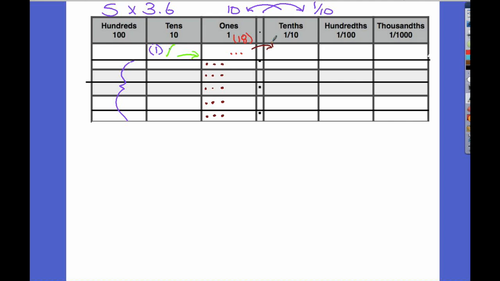If I move over 3 ones to the tenths place, how many tenths am I moving over? 3? 10? 30. Remember, for every single one, I could just do it one at a time if you're having a hard time figuring it out. Start with the first one. The first one equals how many tenths? 10.